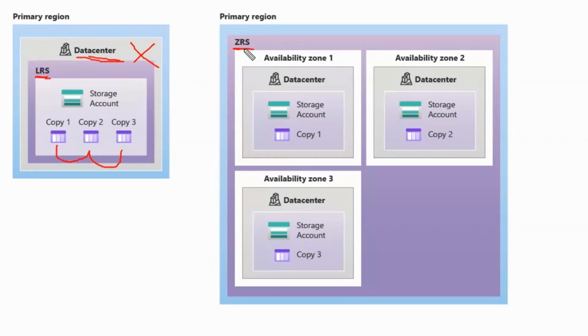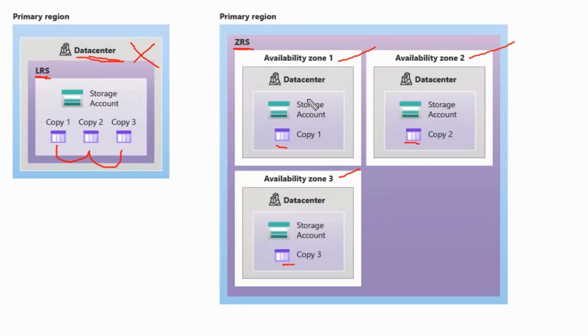Next choice is ZRS. In ZRS replication settings, we do have data available in 3 availability zones, and each availability zone have one or multiple data centers in it.